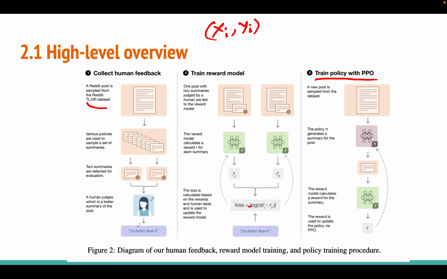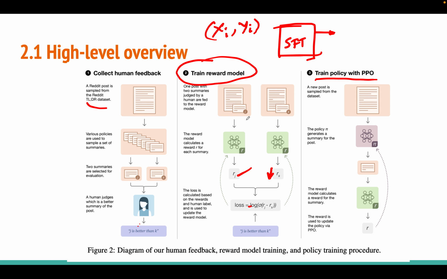Once you train this reward model, we have a system which mimics human preferences. Since we collected a dataset of human preferences which says which summary is better, once we train the model, we are mimicking that behavior.